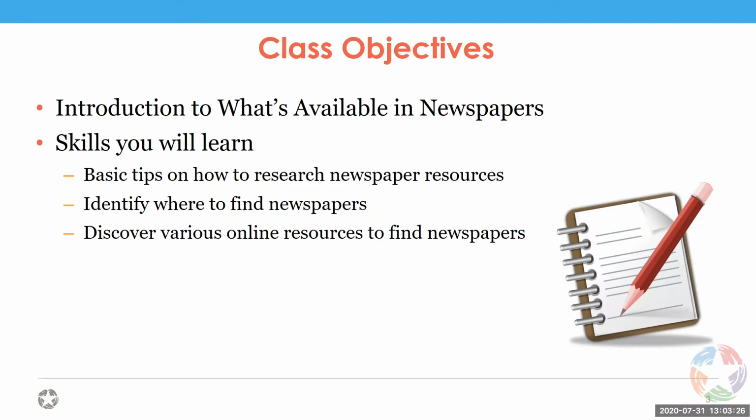Hopefully you'll be able to identify where to find some newspapers. And you'll discover various online tools that you can use to find newspapers. So that's kind of the long and short of what we'll be covering today.